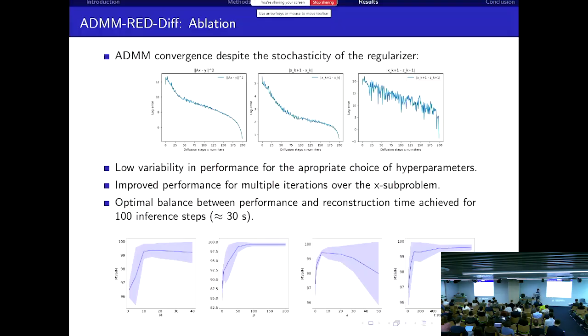We also observe improved performance for multiple iterations of the X problem, meaning that we are really benefiting from using this type of splitting method. And we obtain an optimal balance between performance and reconstruction at around 100 inference steps compared to the 1,000 steps that the original implementation required, so we can really speed up our reconstruction.